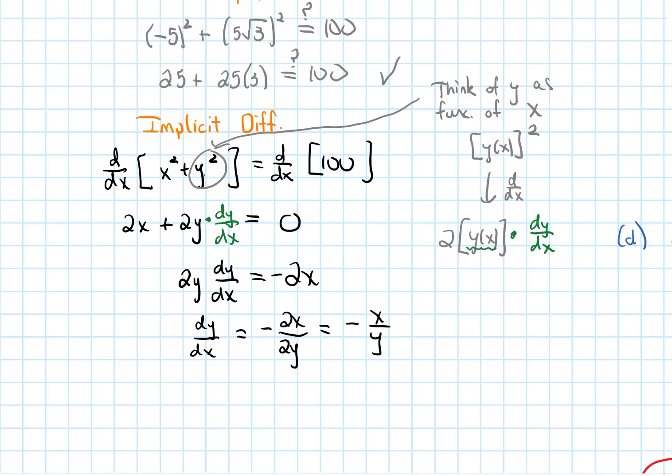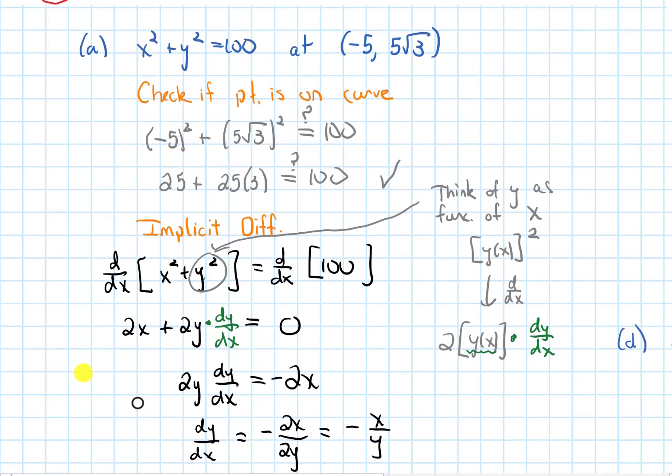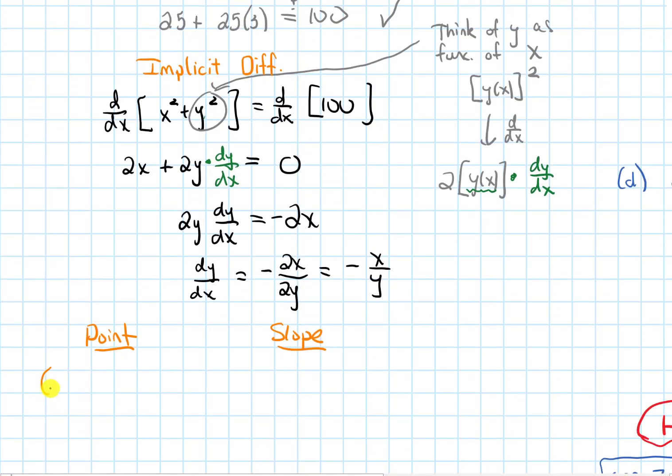So now let's write down our point and our slope, because we'll need those to write the equation of the tangent line. Remember, the point was given to us. The x coordinate was negative 5, and the y coordinate was 5 root 3. And for the slope, we need to plug our point into our derivative.